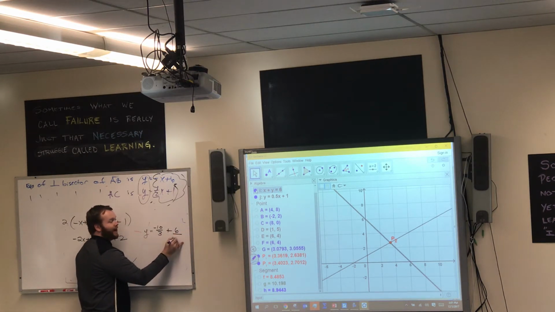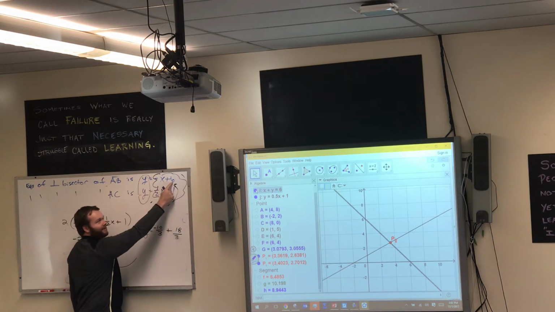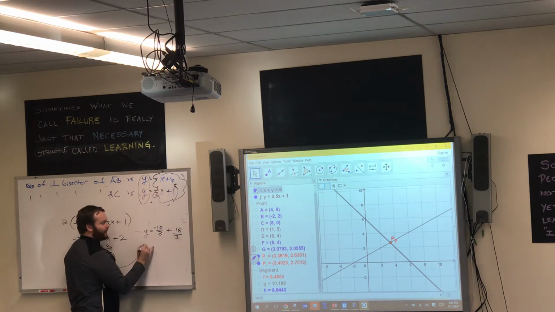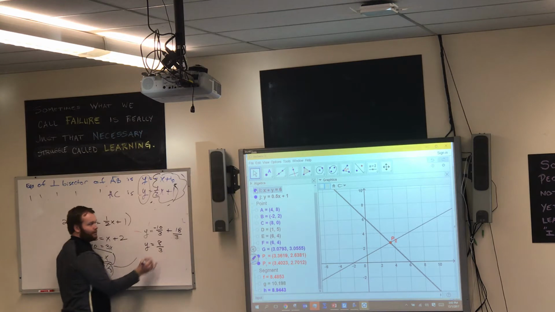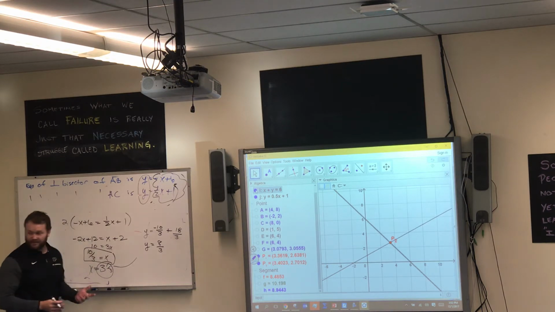You need a common denominator. Right now that denominator is 1, it needs to become 3. So what's the top need to become? 18. I always double check, if I divide that, do I still get the 6? And I do. So now we can say y is then equal to 8 thirds. Leave it as 8 thirds. I'll write that as 2 2/3. Same thing would have happened now, because it doesn't matter.